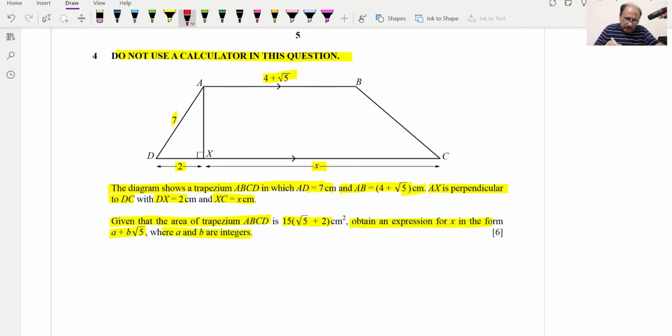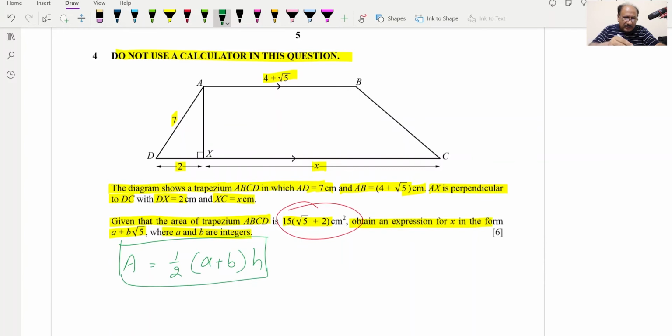Now area of trapezium is provided. We will apply the area of trapezium formula. So area of trapezium formula is what? A is equal to 1 by 2 (a plus b) into h, and a and b are the parallel sides, whereas h is the perpendicular distance.